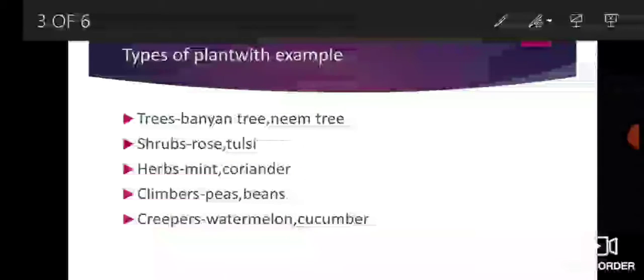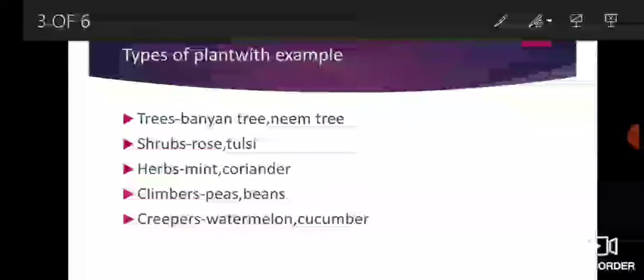So plants are divided into 5 types. First of all, trees. Trees are very big plants. They have a woody stem. That woody stem of the tree is known as trunk.